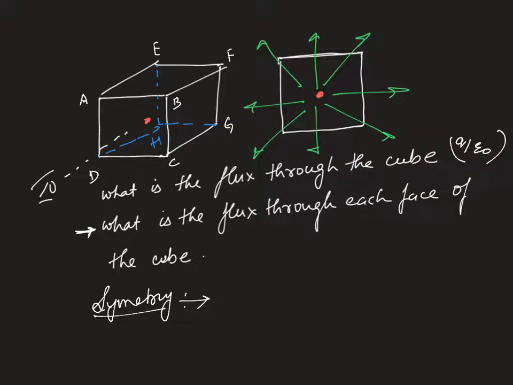We have 6 faces in a cube, and all those 6 faces are equidistant from the charge. They are symmetrical to the charge. So we can say that through all faces, that is the problem of symmetry here, the flux is equal.